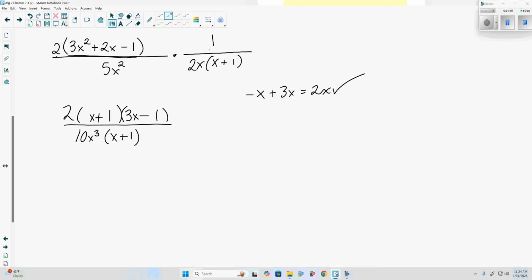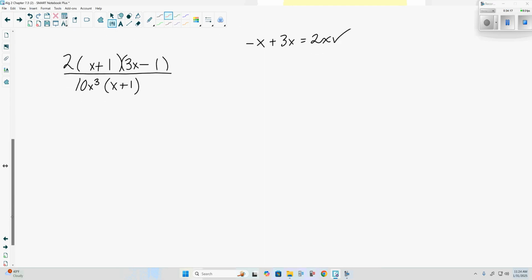Now there's a few things that simplify. X plus 1 and x plus 1. Yes, the 2 over 10. So the 2 would reduce to 1. The 10 would reduce to 5.